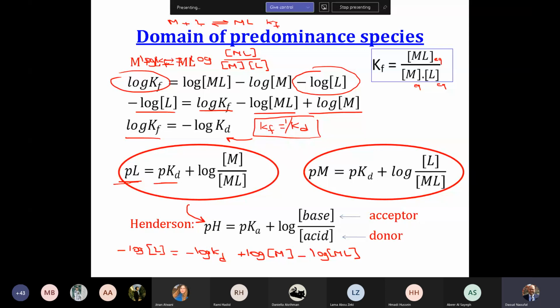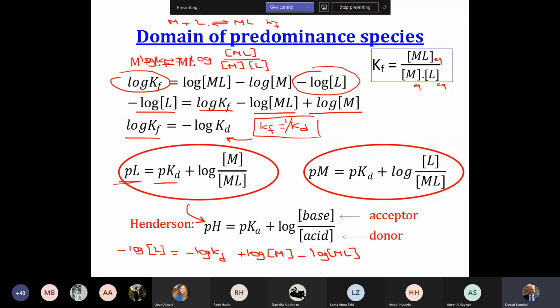L is the particle exchanged, so L is given to M, so M is the acceptor. So plus log acceptor M divided by the donor, which is ML. This is the same analogy as the Henderson equation. P particle exchanged equals PKd plus log acceptor divided by donor.